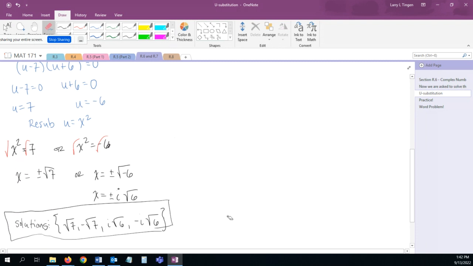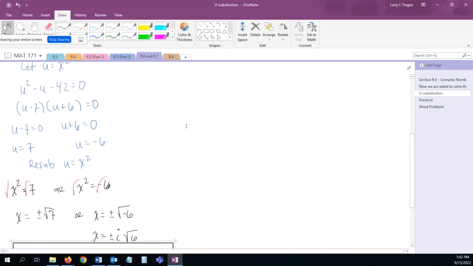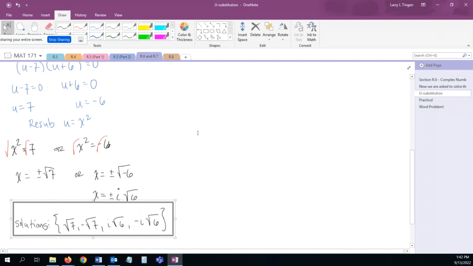Okay? If you're a pattern seeker, and if you're a human being, that's what your brain does, you may have picked up that this problem has 4 solutions. And if you look at the beginnings of the problem, the degree of the original polynomial is 4th degree. 4 degrees, 4 solutions.